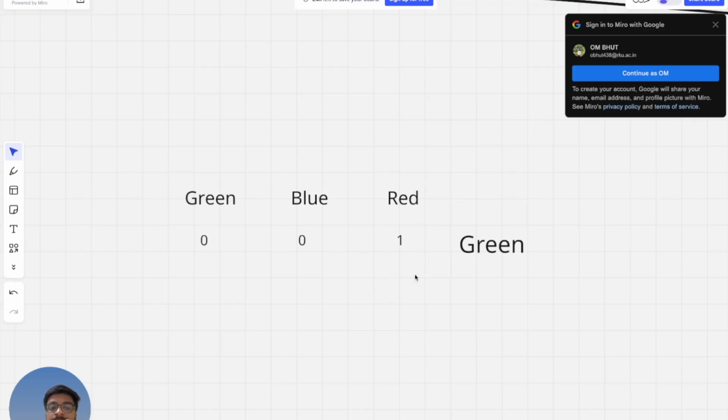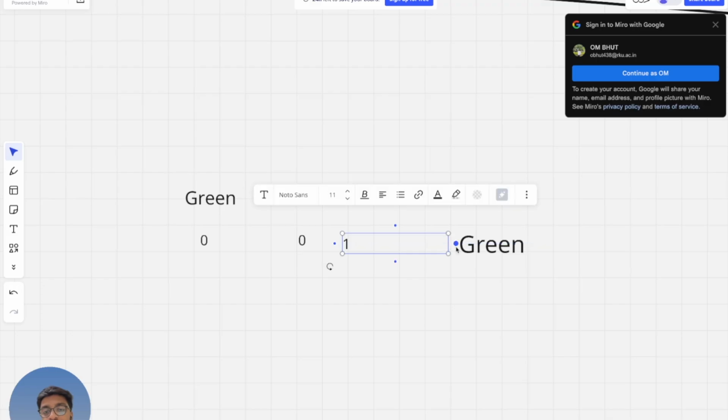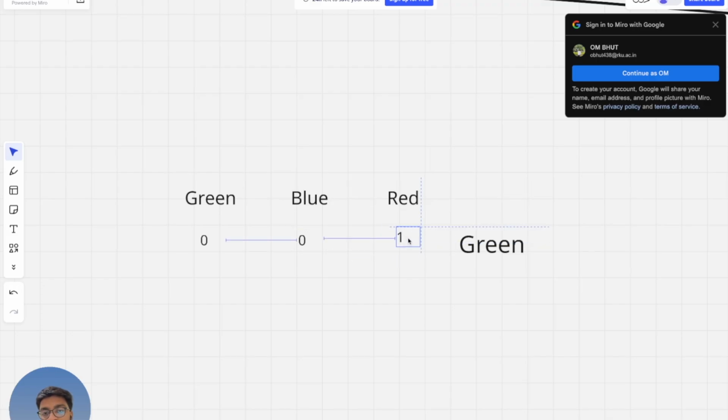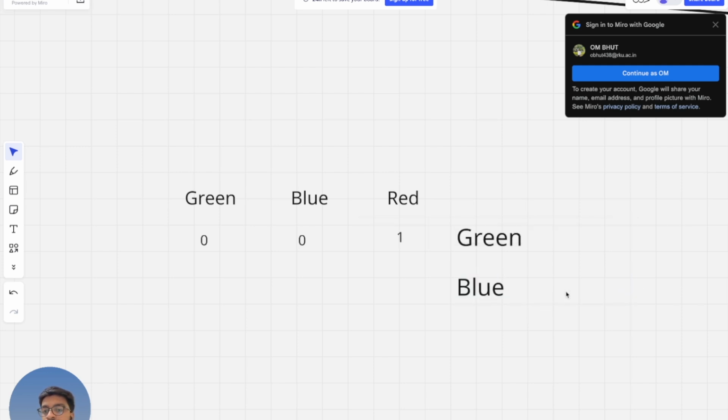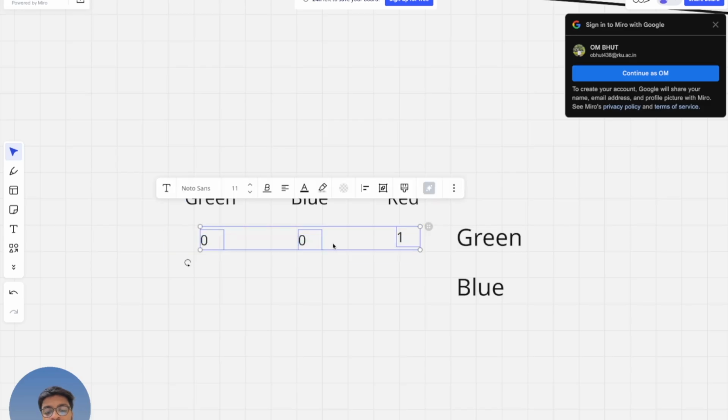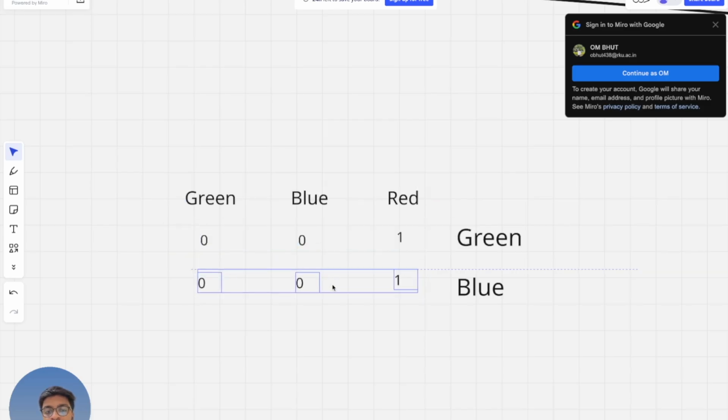This is green color. And let's suppose we want to say blue color. How will we say blue color? It's easy. We will just say 0, 1, 0.